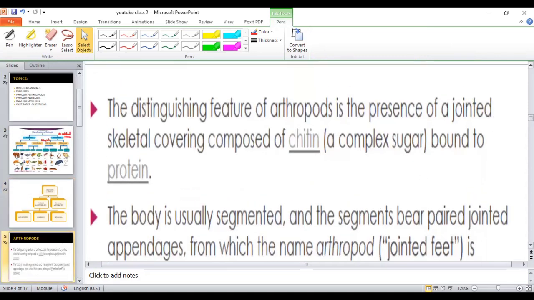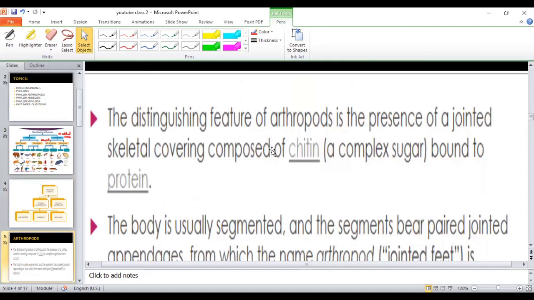arthropods, how can you distinguish arthropods? First of all, they have an exoskeleton. This exoskeleton is not the bony skeleton, okay? This is made up of chitin. And what is chitin? A complex sugar molecule, okay? Then they usually have a segmented body. Three segments are there, two segments are there, more than two segments, many segments are there.